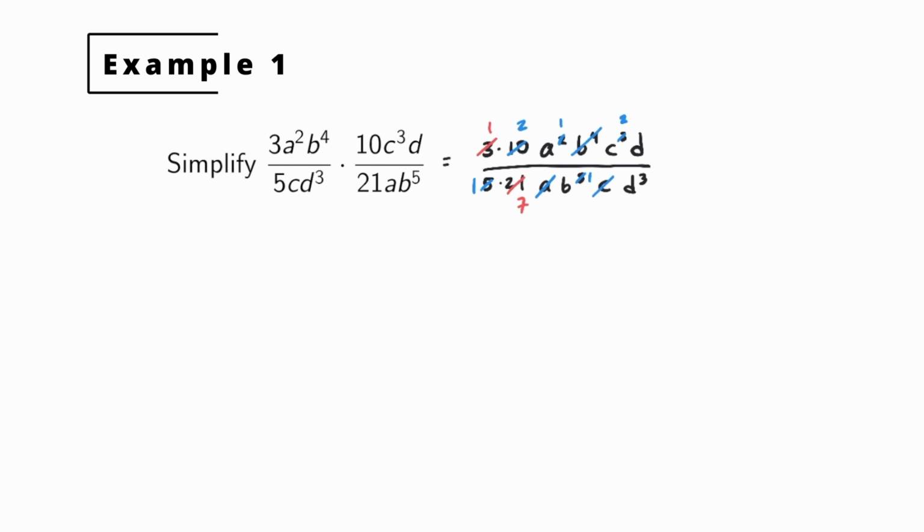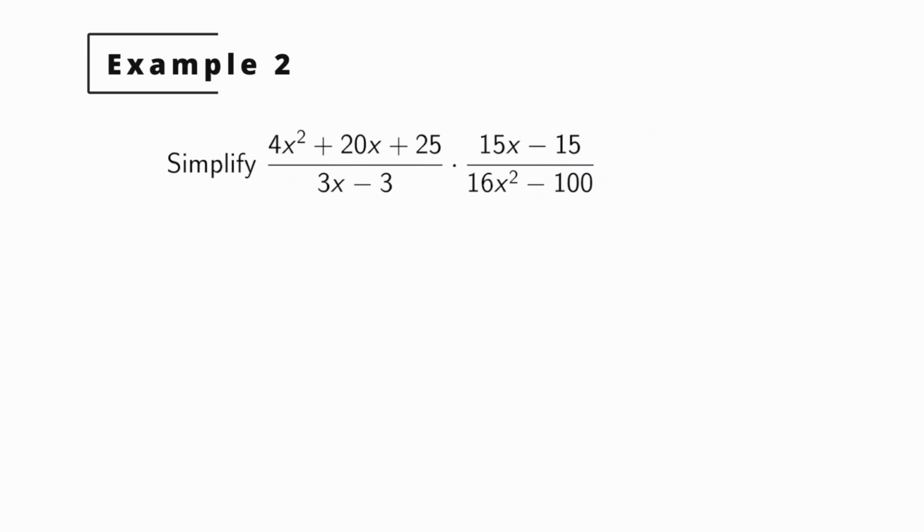And finally, d, we have d over d cubed. That will cancel out the factor of d in the numerator and leave us with d squared in the denominator. So putting this all together, we have 2ac squared divided by 7bd squared. And that's it.